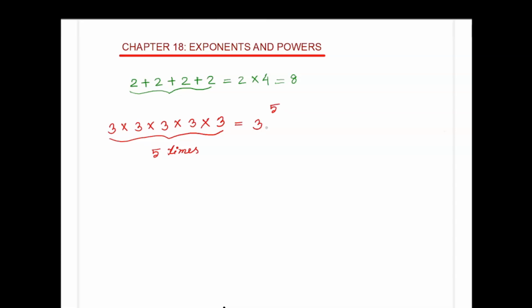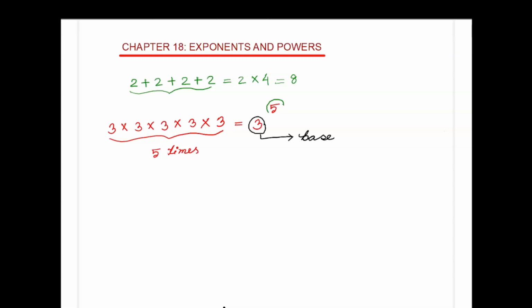Both the numbers, 3 and 5, have different names. This 3 is called the base. That means whatever number we are repeatedly multiplying is called the base.